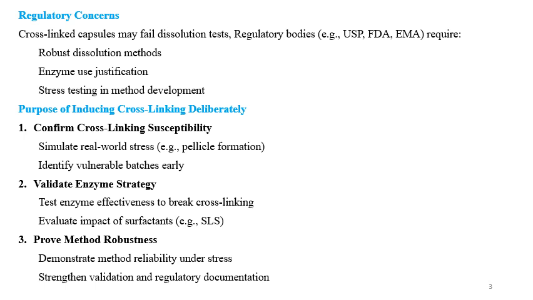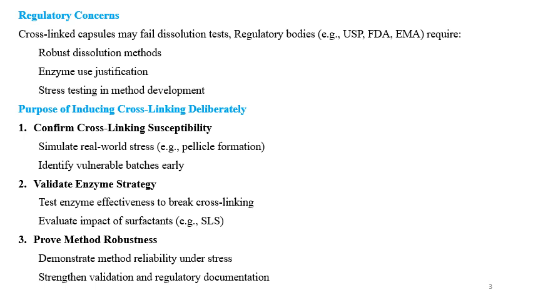So the purpose of inducing cross-linking deliberately: as we know, cross-linking is sometimes a time-dependent phenomenon, so we need to induce the cross-linking to develop the method. Confirm cross-linking susceptibility, simulate real-world stress, then identify the vulnerable batches early.